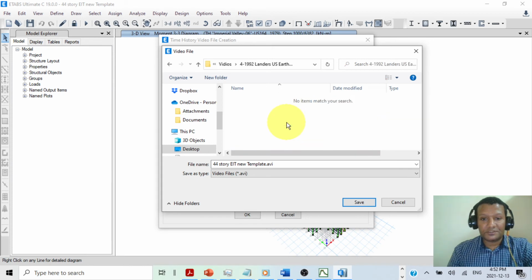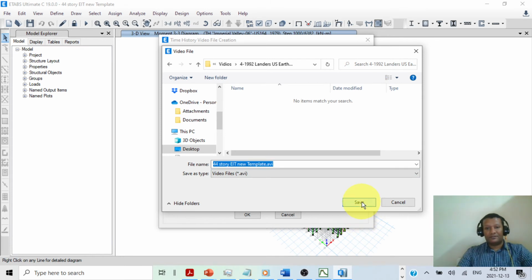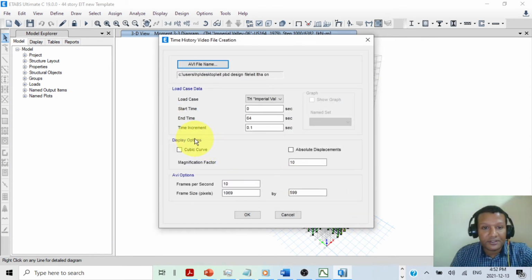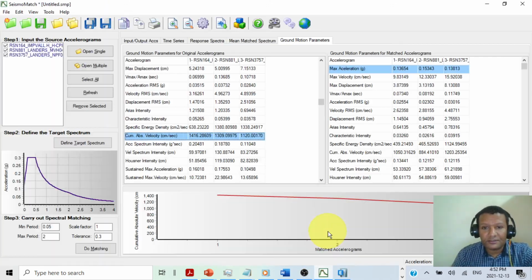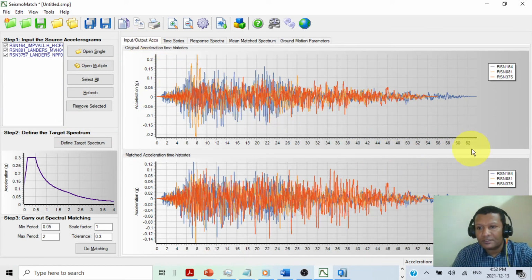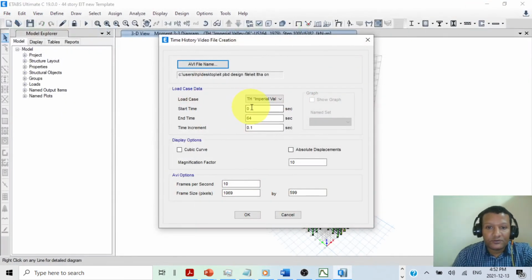So let me open Lander's and okay, save it. Once I save it, if you remember, the input earthquake is around 64 seconds. So from 0 start time to 64, time increment 0.1, frame per second, this one, frame size, this one.